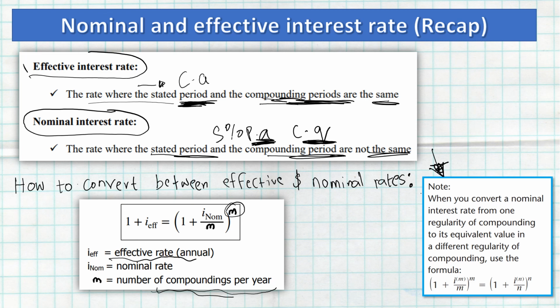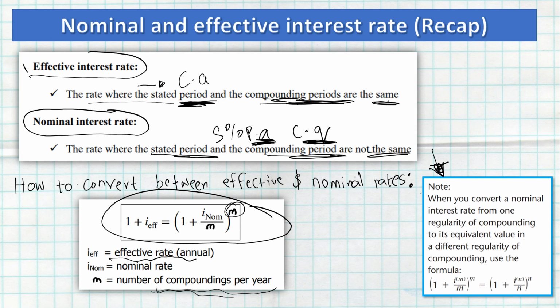You must get interest also per month. So that's where you need to convert that interest that is per year into the interest that is per month. And this is the formula that we use to do that.